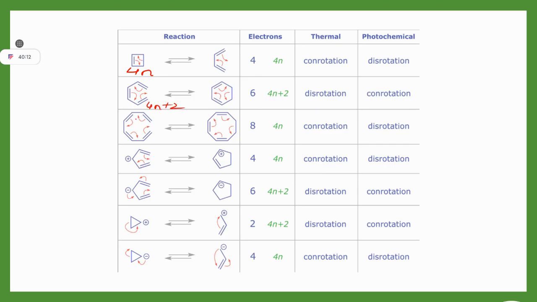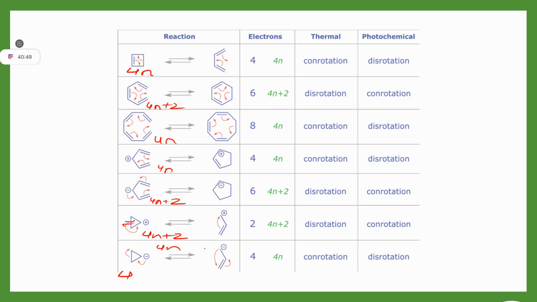Here 1, 2, 3, 4, 5, 6, 7, 8, 4n electrons are involved. Here again 4n, 1, 2, 3, 4, they are in conjugation due to this positive charge. Here 1, 2, 3, 4, 5, 6, therefore 4n plus 2. And in this case 2 of this sigma, so 4n plus 2. If you keep n equals 0, it will become 4n plus 2. Here it will become 4n.